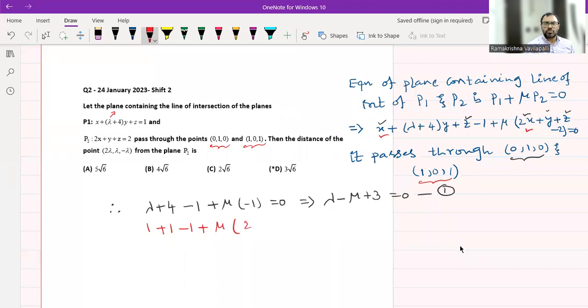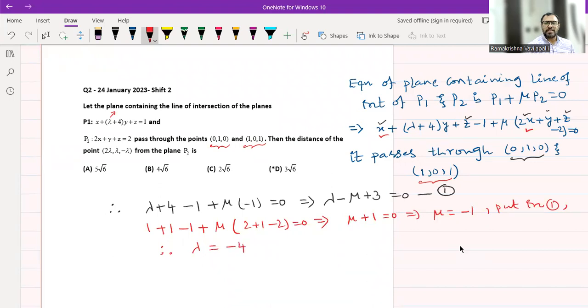So you will get 2 plus 1 minus 2 equal to 0. This implies here you will get mu plus 1 equal to 0. So this implies mu equal to minus 1. This value put in equation 1. You will get lambda value. Therefore, lambda equal to minus 4 we got.